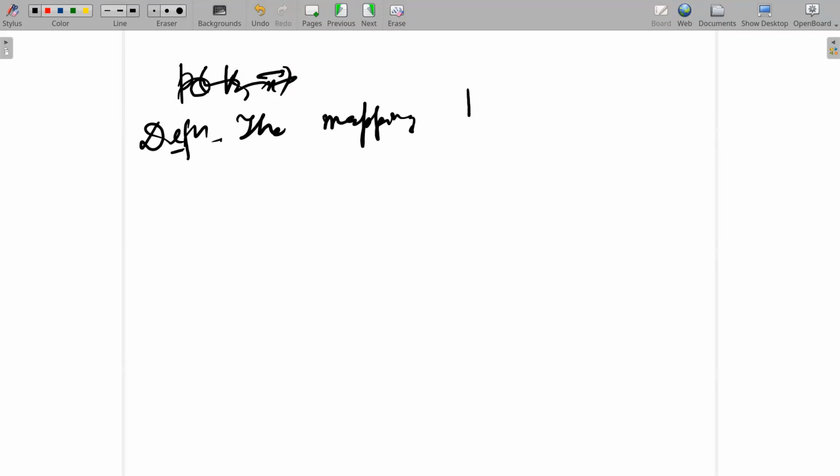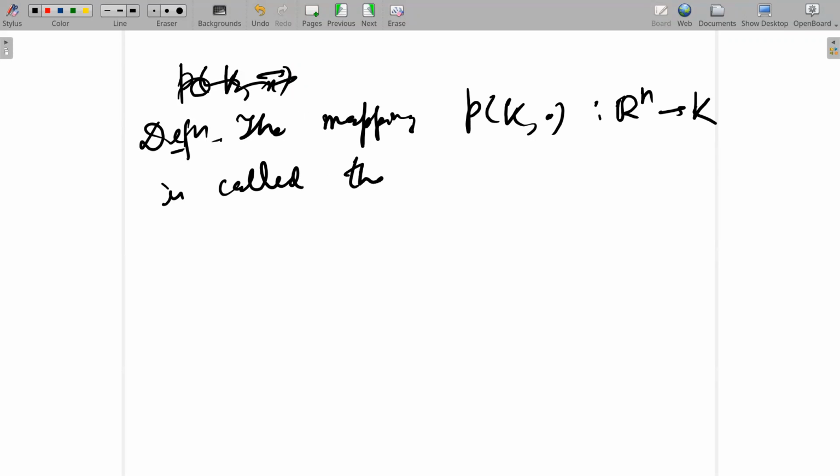The mapping P_K(·), where I'm going to replace the dot with the vector x, from R^n to K. Of course, this function always takes value in K because it is finding that point in K which is closest to x. Yeah, so this is called the metric projection, or nearest point map.